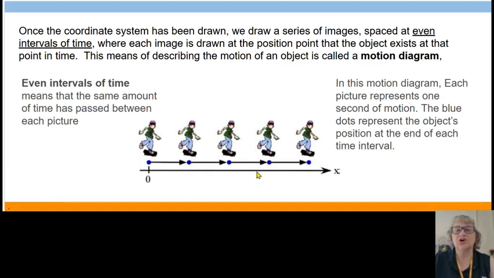Okay, this is called a motion diagram. In a motion diagram, each picture represents 1 second of motion, at least in physics it does. So the blue dots represent the object's position at the end of each time interval, right? At the end of each 1 second.